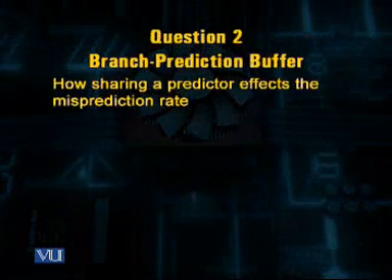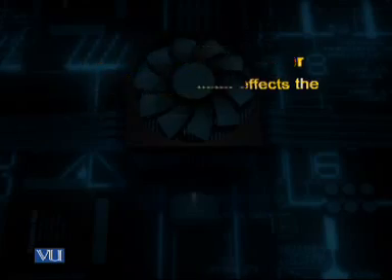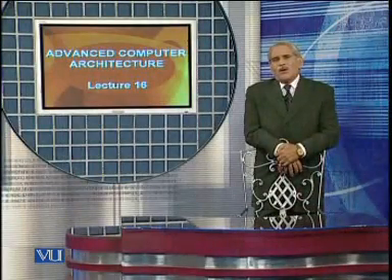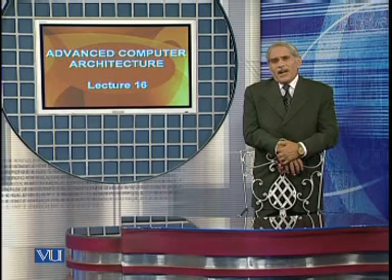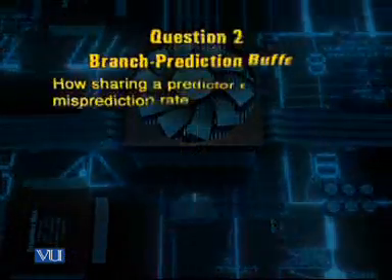However, the second question is how sharing a predictor affects the misprediction, which means that if under certain situations we want to share the predictor for more than one branch, then how will it affect the mispredictions: whether the mispredictions will increase, decrease, or remain unchanged.